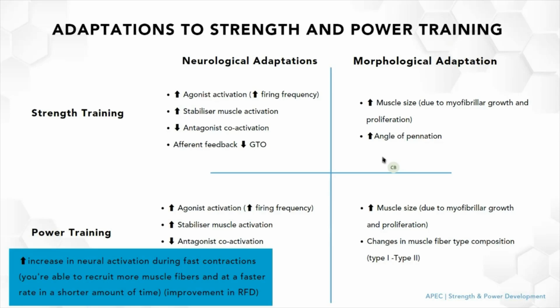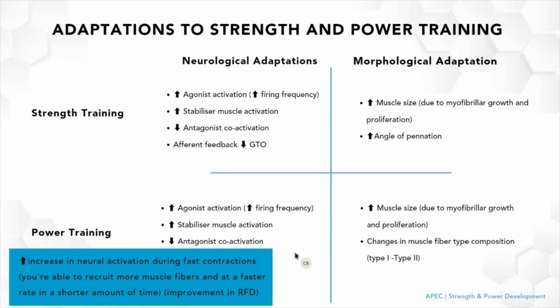Also, you'll see an increase in angle of pronation. So most people's angle of pronation is quite far away from 45 degrees, so it'll usually only be about 8 to 10 degrees. And what you'll see is following a period of strength training, this can increase to maybe 12 or 14 degrees, okay?